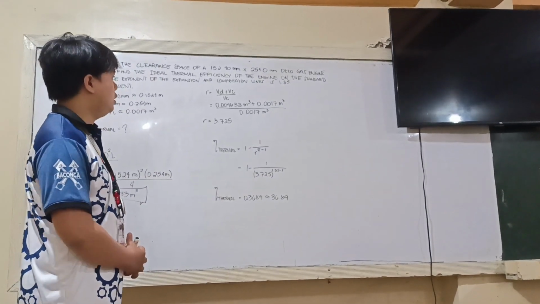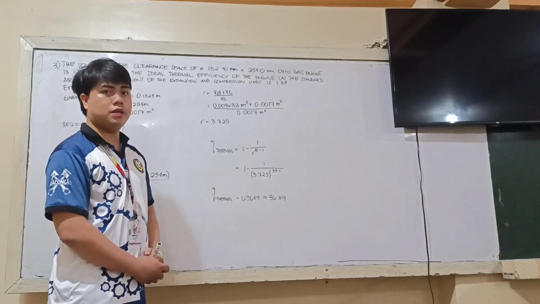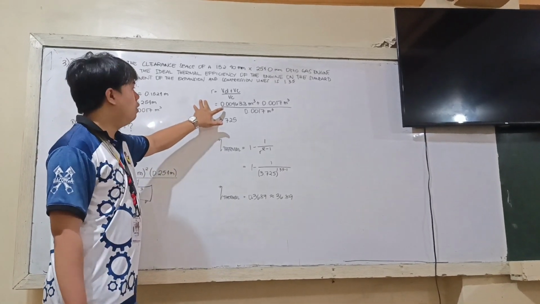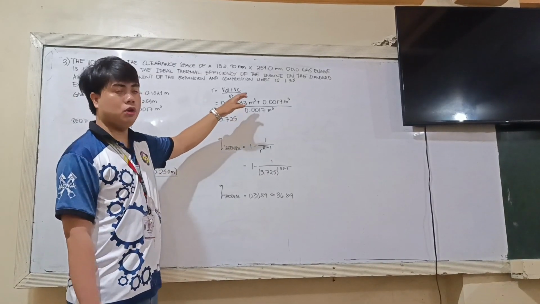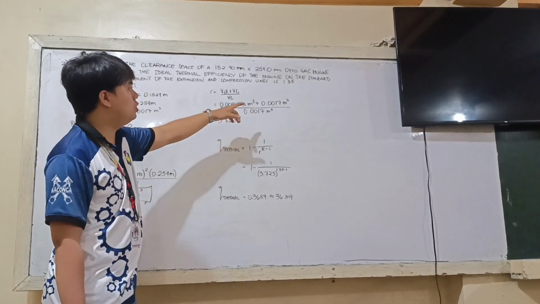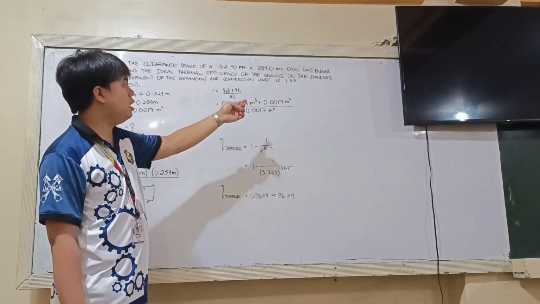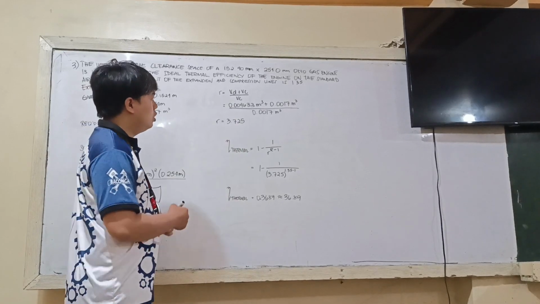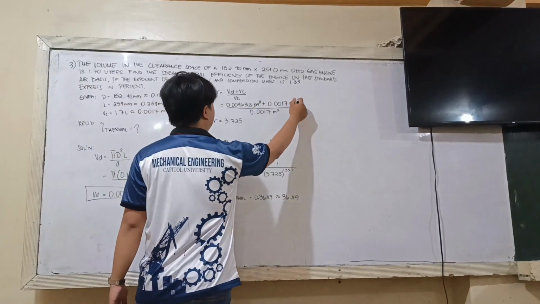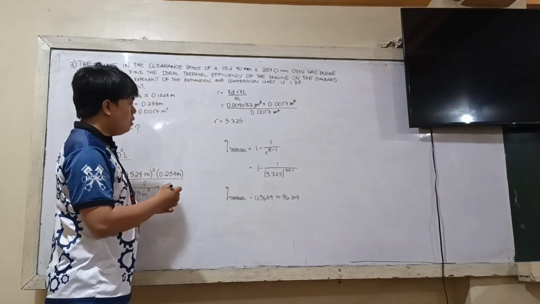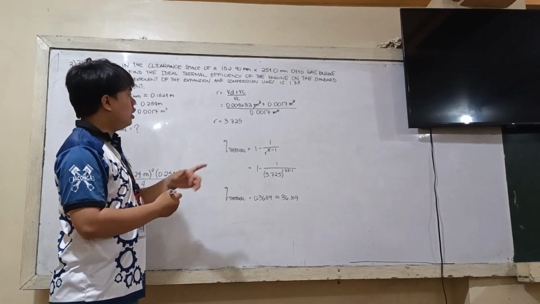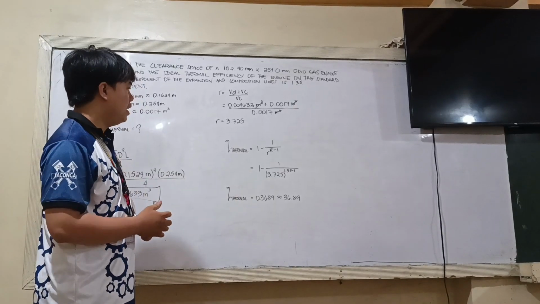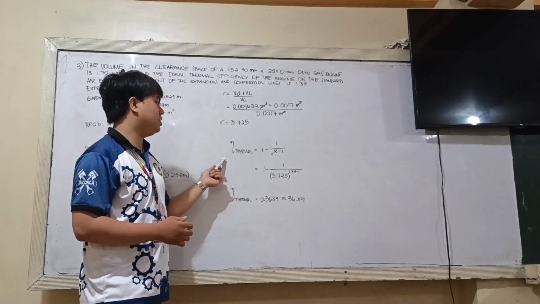The formula of r is simply VD plus VC over VC. So we have 0.004633 cubic meter plus 0.0017 cubic meter over 0.0017 cubic meter. So simply cancel the cubic meter. We have our r is 3.725.